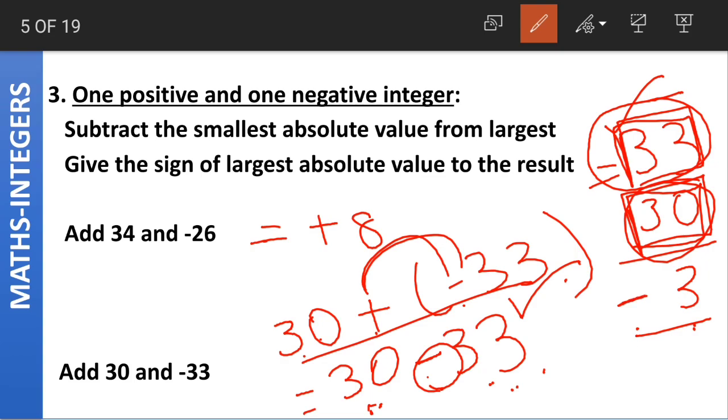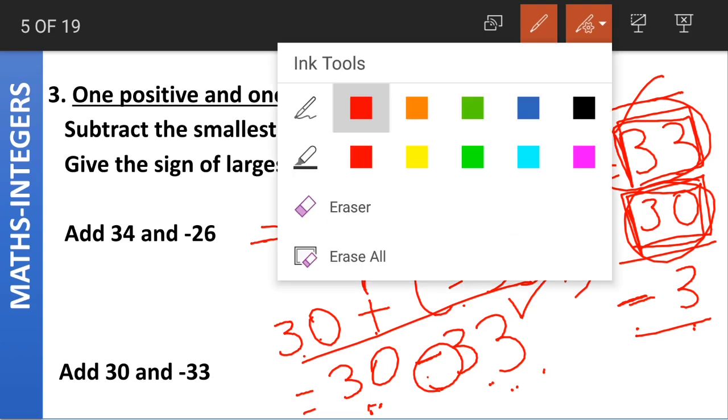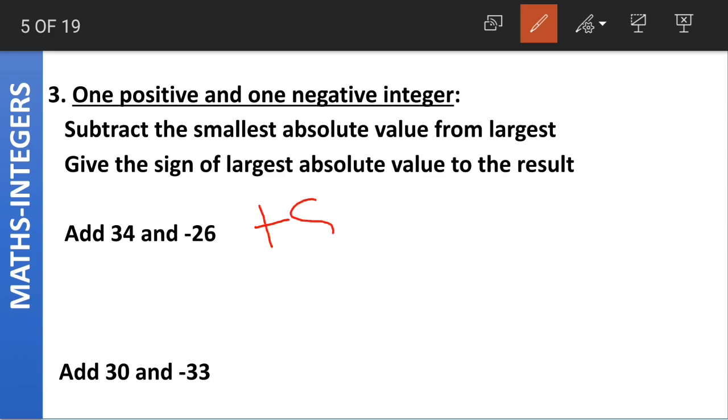So we are putting the negative sign in front of the answer. So the answer will also have the negative sign because the higher absolute value is of 33 and 33 has a negative sign. Is this clear, class? 34 minus 26 gives us plus 8 and 30 minus 33 gives us minus 3.